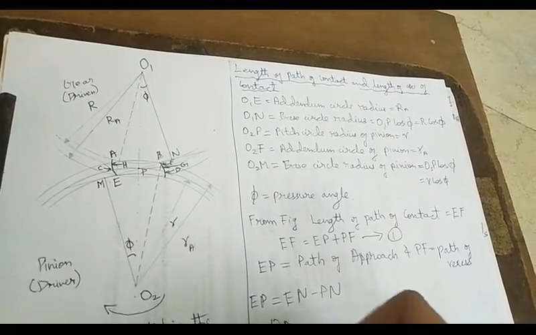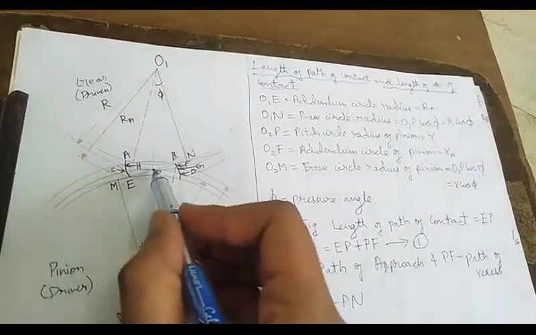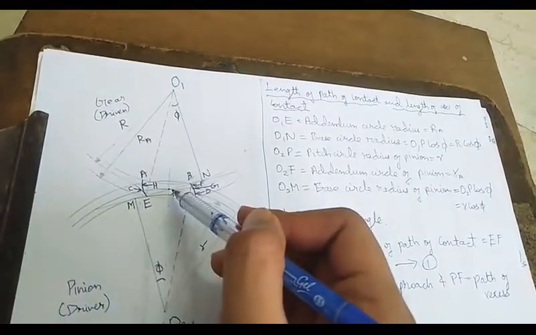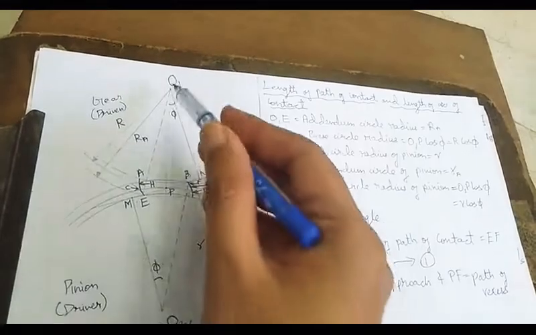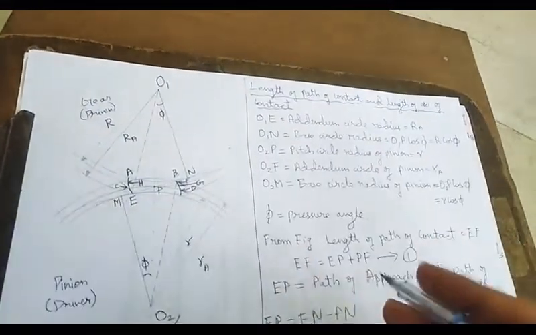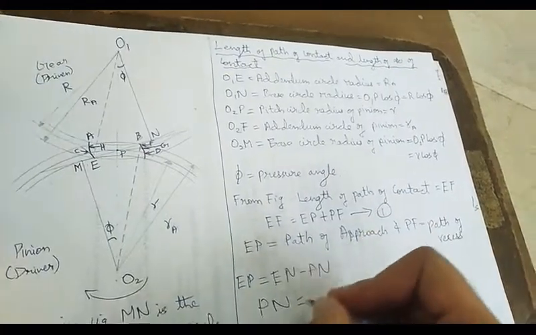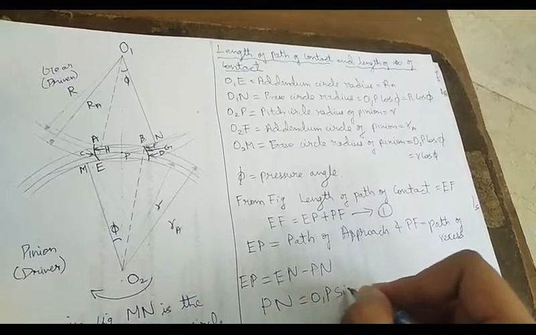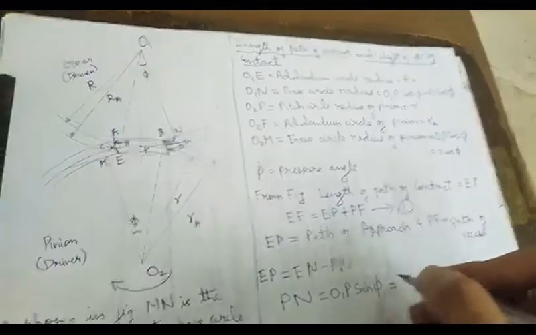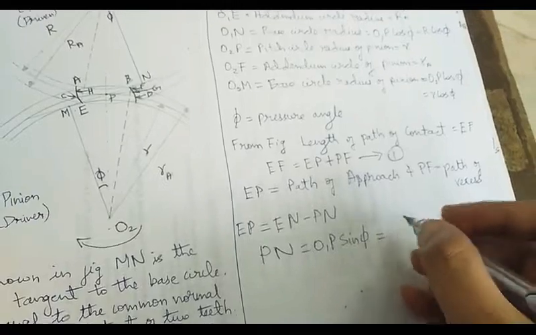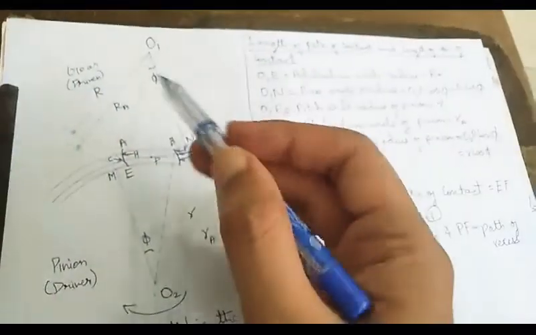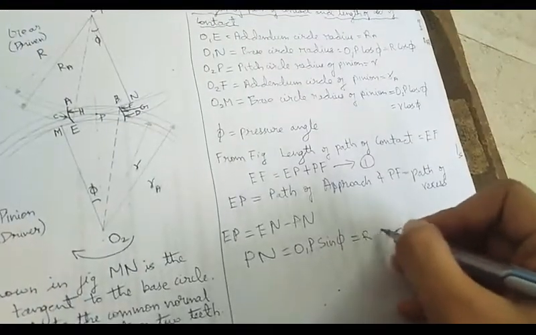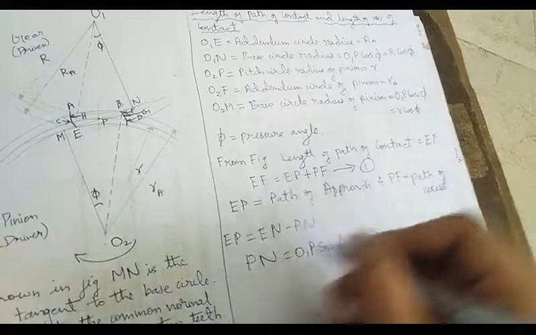But PN, considering O1NP as a right angle triangle, is given by O1P sin phi. But O1P, from the figure, is nothing but the pitch circle radius capital R. So PN is R sin phi.